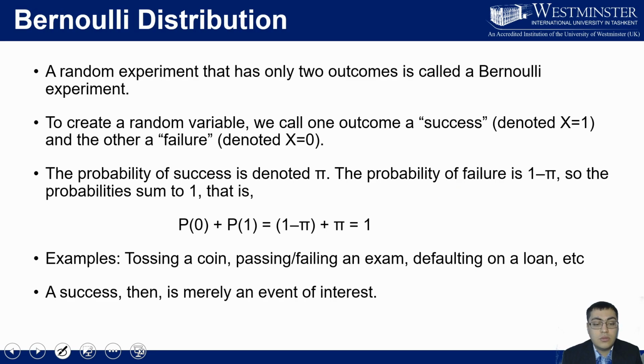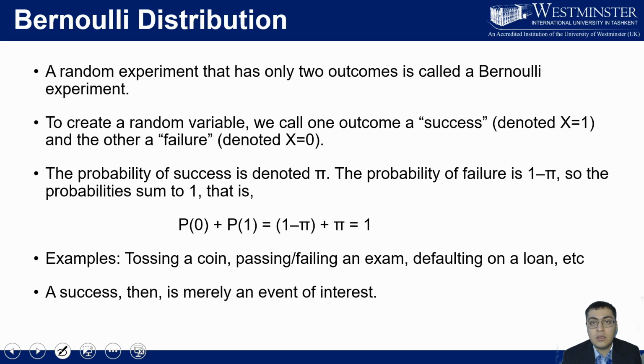Then let's move on to talking about yet another distribution. This one is known as the Bernoulli distribution, and the Bernoulli distribution arises from a random experiment that only has 2 outcomes, A and B, and there is no possibility for a third outcome. We would call one of these outcomes a success.